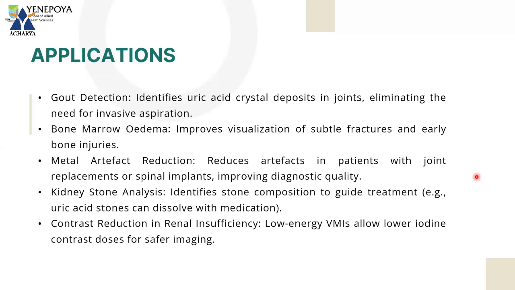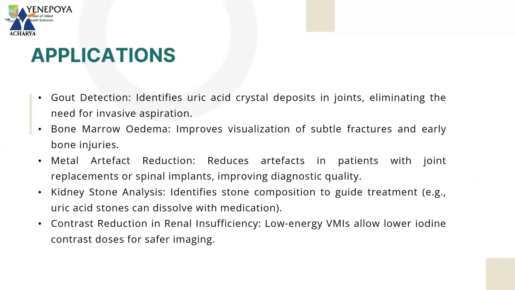Next, one more application is to identify uric acid deposition in the joints, which usually happens in case of gout. Because of this, you get to know whether uric acid is present in the joints or not. Next, it will also help in the visualization of subtle fractures or early bone injuries.